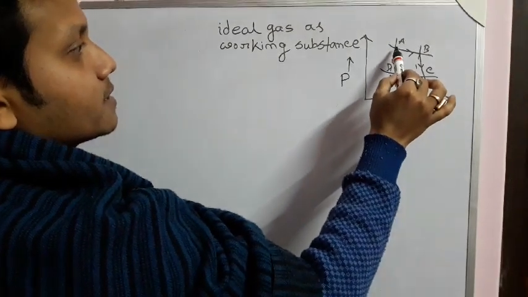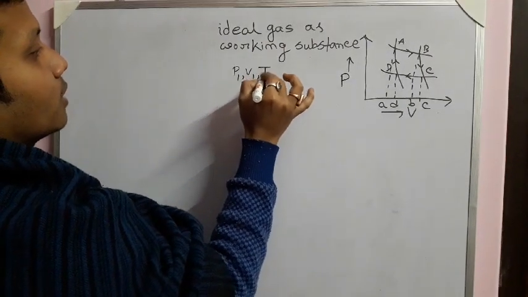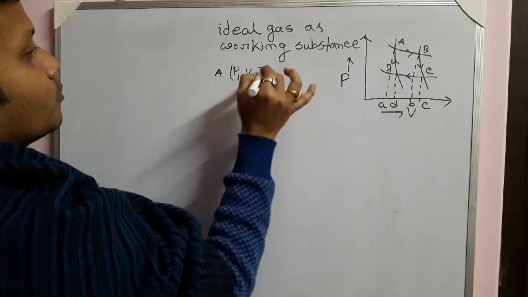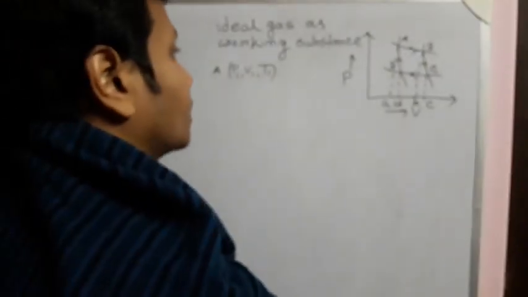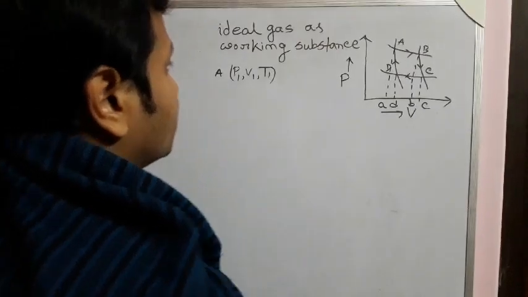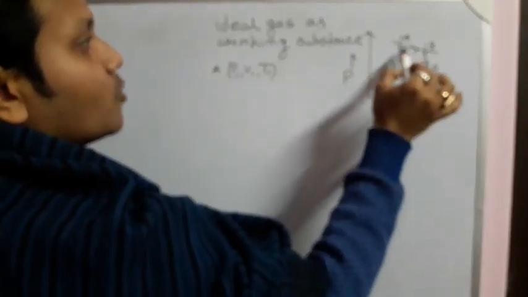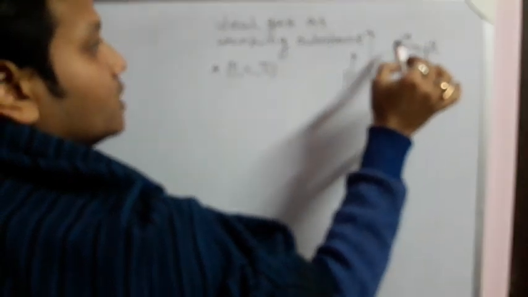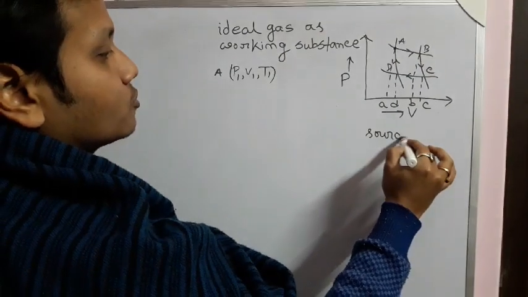This point A represents the initial state of the gas, that is P1 V1 T1. So its temperature at A is T1. That means this point is attached to the source, so the source temperature is also T1.